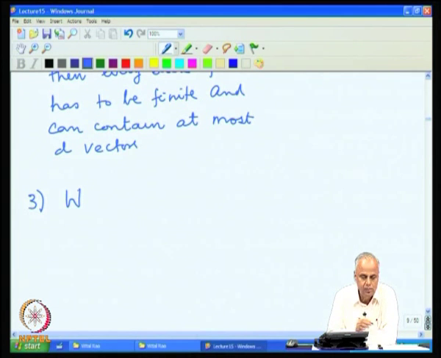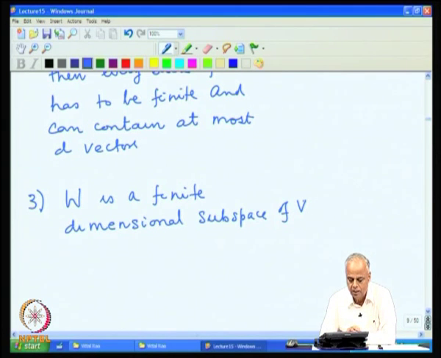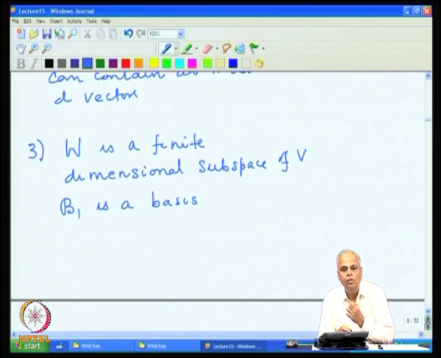Suppose W is a finite dimensional subspace of the vector space V, and B1 is a basis. We know now that if it is a finite dimensional subspace, it has one finite basis, and the moment it has one finite basis, all bases are finite.